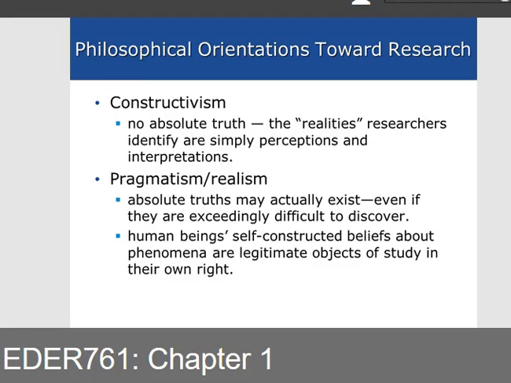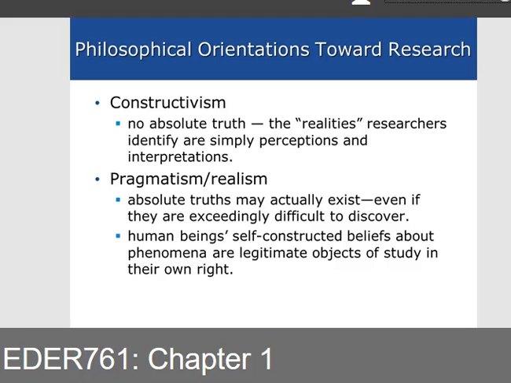Two other philosophical orientations toward research are constructivism, and pragmatism and realism. With constructivism, you're looking at no absolute truth. The realities researchers identify are simply perceptions and interpretations. It means that they're constructing knowledge, but that construction of knowledge is going to take into account their own biases, which then impact our interpretations.